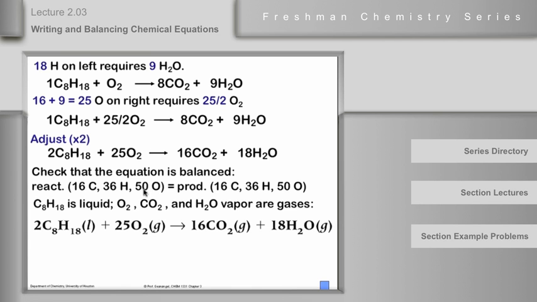Okay? Is that clear to everybody? Okay. So, balancing equations is a matter of carefully following the procedure. It doesn't have to be done in any given way, but ultimately you need to come out with an equation which satisfies this conservation of atoms.